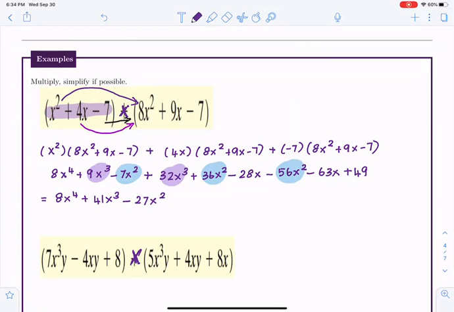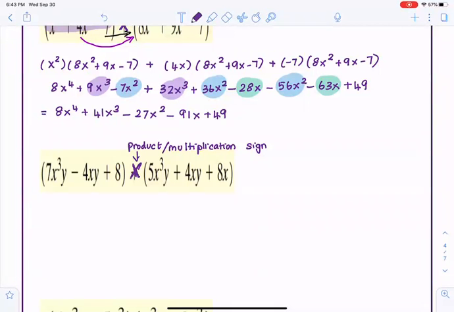The next step would be to gather all the x terms, which is negative 28x and negative 63x. If I combine those together, I would have negative 91x, and the constant 49 is by itself. And that would be the final answer.